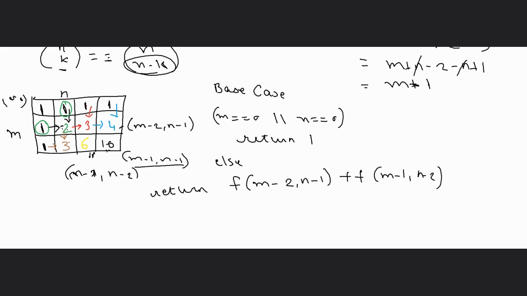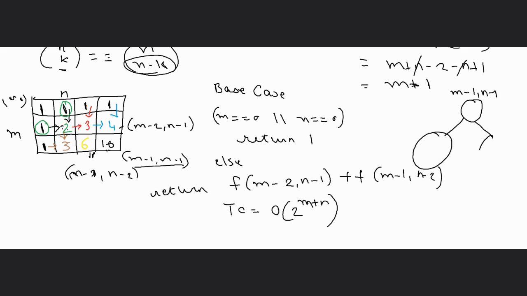Now in this recursive case, for the time complexity, it's exponential, right? It's O of 2 raised to m plus n, because the recursive tree will have two recursive calls. We will start from m minus 1, and then go to this recursive call.